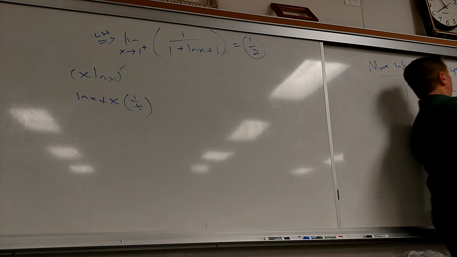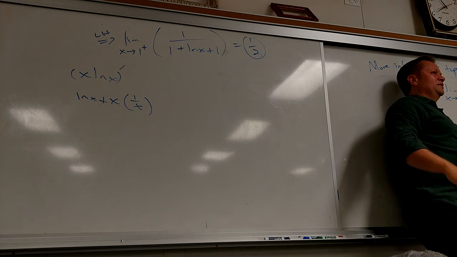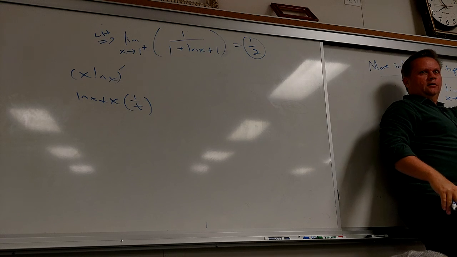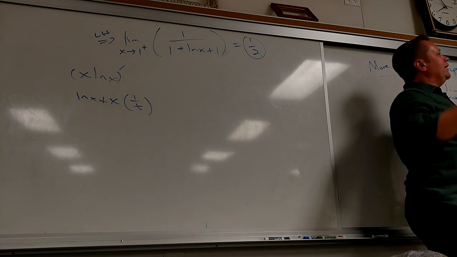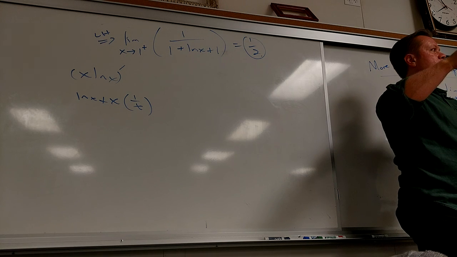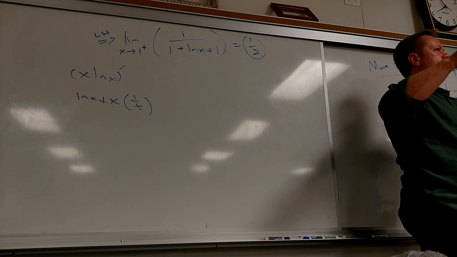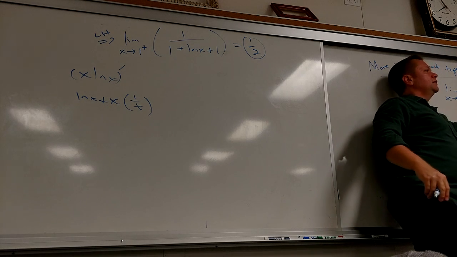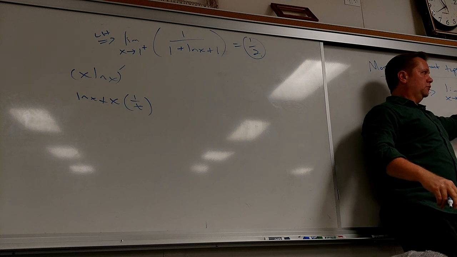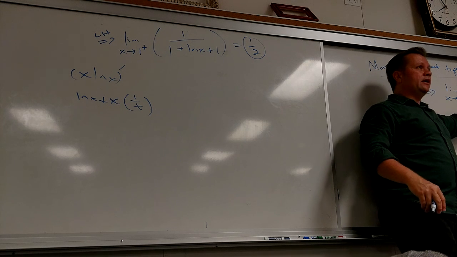There we go. The inside's going to 1, and the outside is going to infinity. Does the inside ever get to 1? Does this ever get to 1? The limit of this is 1. Is that cool? But does it ever get to 1?